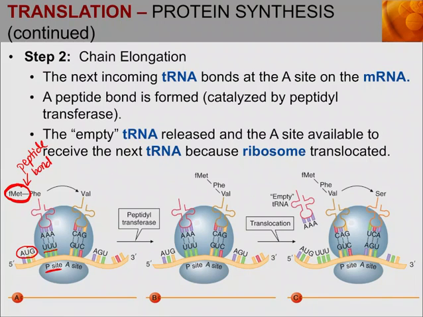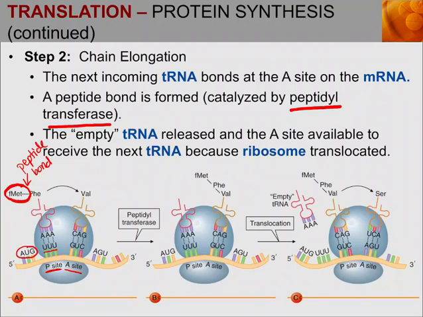Now this peptide bond is formed and catalyzed by peptidyl transferase. So that's another enzyme that's important here. Now, the next transfer RNA is going to come in and bond at a site called the A site. All right. Now, the A site, A stands for... I can't say that word.